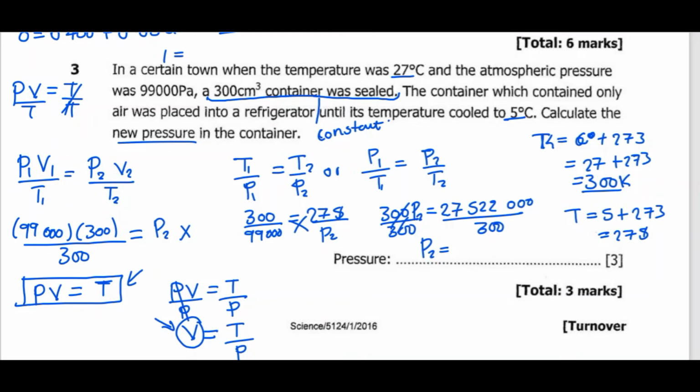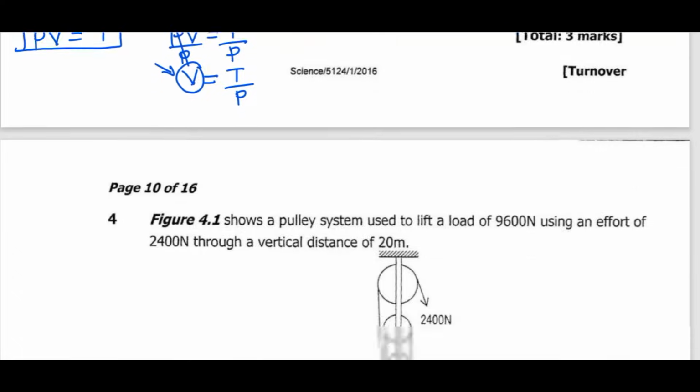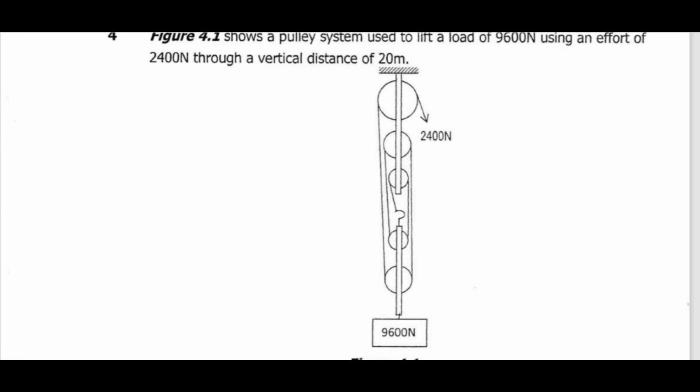P2 is equal to, so we are getting 91,740 as our pressure 2. So we can see that the temperature and pressure are directly proportional to each other. If the temperature reduces, the pressure also reduces. We can see by calculations here. Then we move on to question 4.